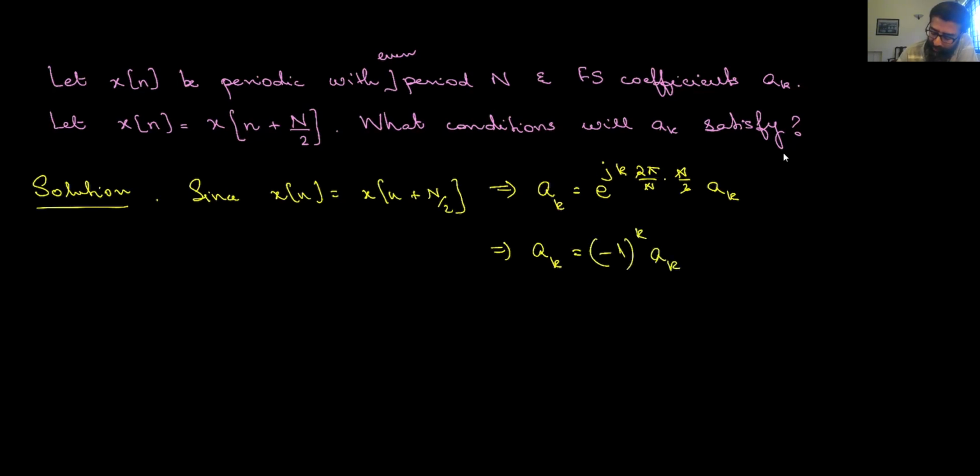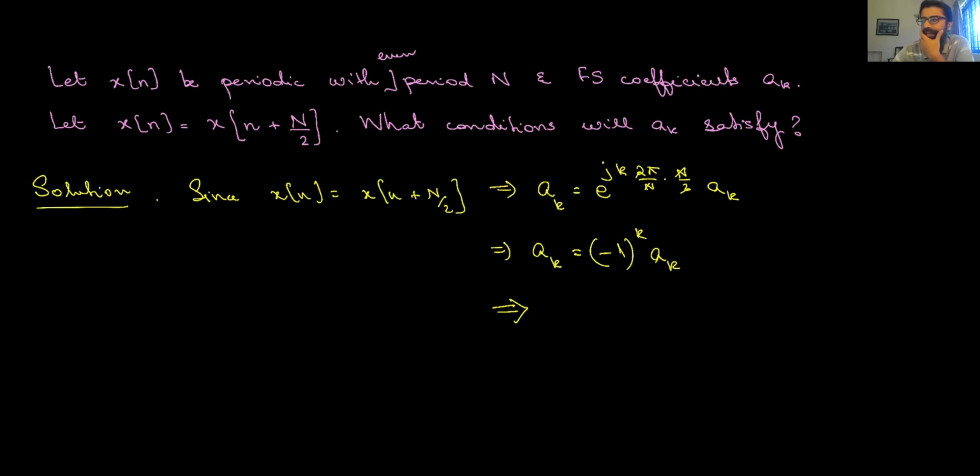इससे क्या conclusion आता है आपके पास? So what conclusion do you get from here? a sub k equals minus 1 raised to power k times a sub k.